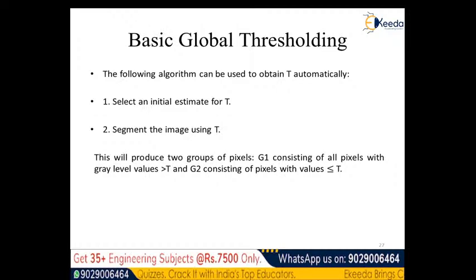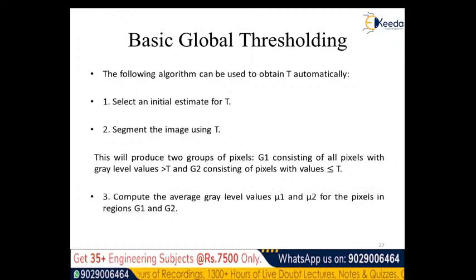Capital G1 is the region formed by the group of pixels consisting of gray level values greater than the estimated threshold value capital T, and G2 is another region consisting of all those pixels with values less than the threshold capital T. After this second stage, the third step is to compute the average gray level values denoted by mu1 and mu2 for the pixels in the corresponding regions G1 and G2 from the above stage.